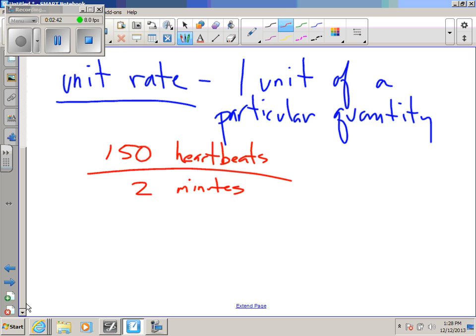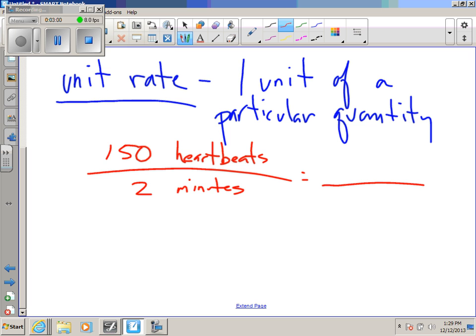We have two quantities, 150 and 2, with two different measurements. The top measures heartbeats. The bottom measures minutes. Those are different. What I need to find is the unit rate.